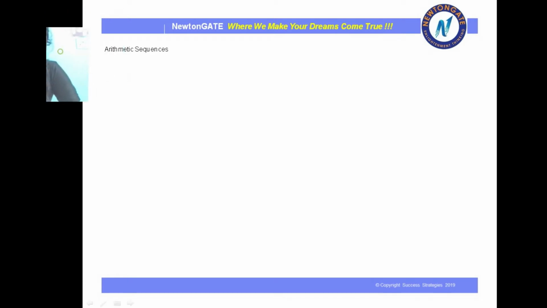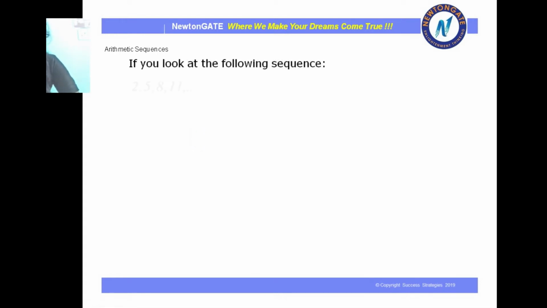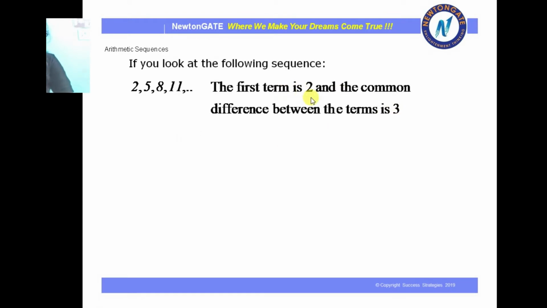With that we come to arithmetic sequences. Now again, look at the following sequence: 2, 5, 8, 11. The first term is 2 and the common difference between the terms is 3.